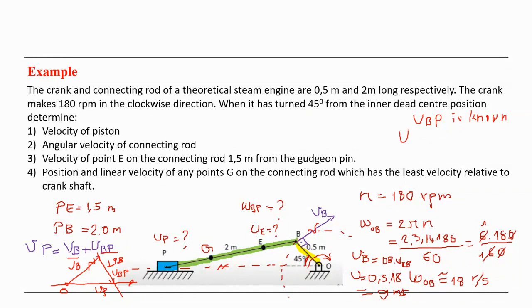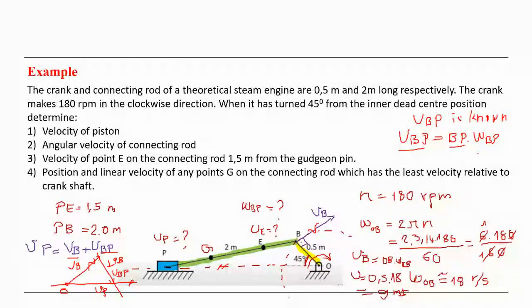VBP is equal to the length BP times omega BP, B about the point P. So what is known here? The length is known, and VBP is known, and I have to calculate the omega BP.